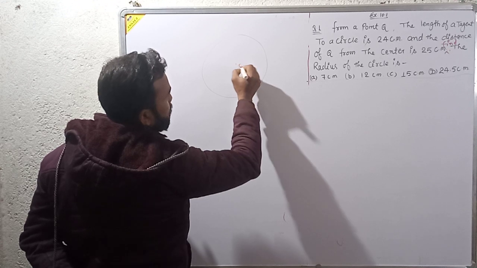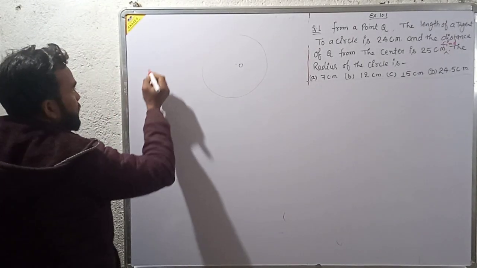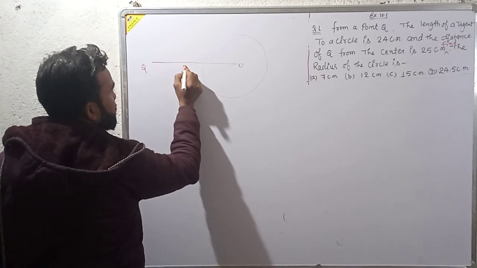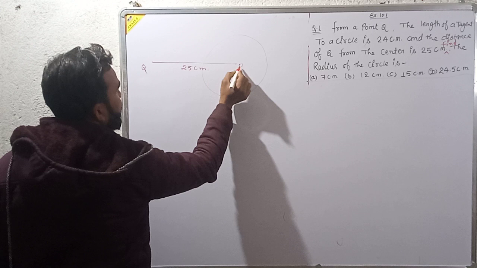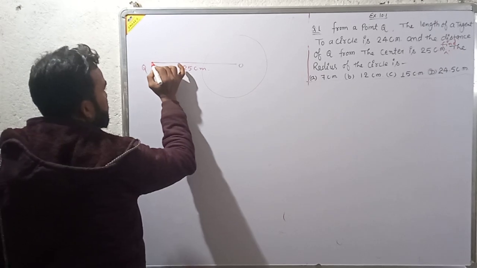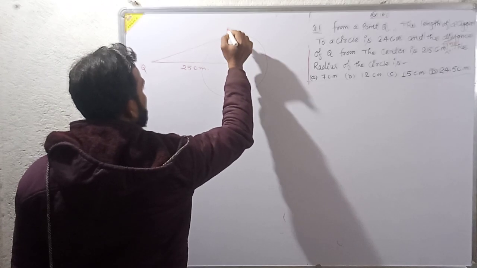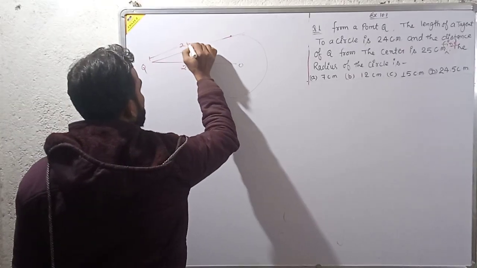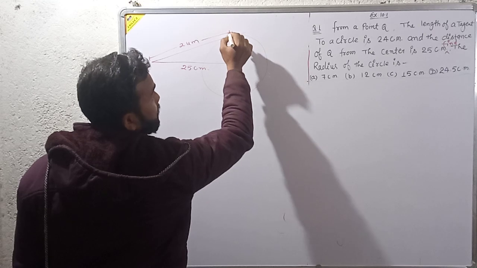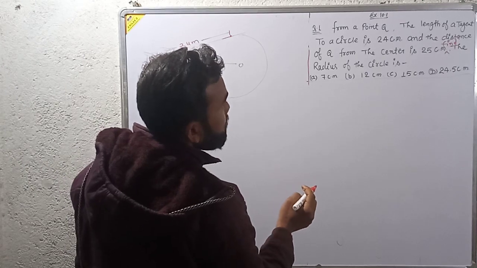First we draw a circle with center O. Clear? And let me suppose an external point is Q, which is 25 centimeter from the center, and the length of the tangent is equal to 24 centimeter.